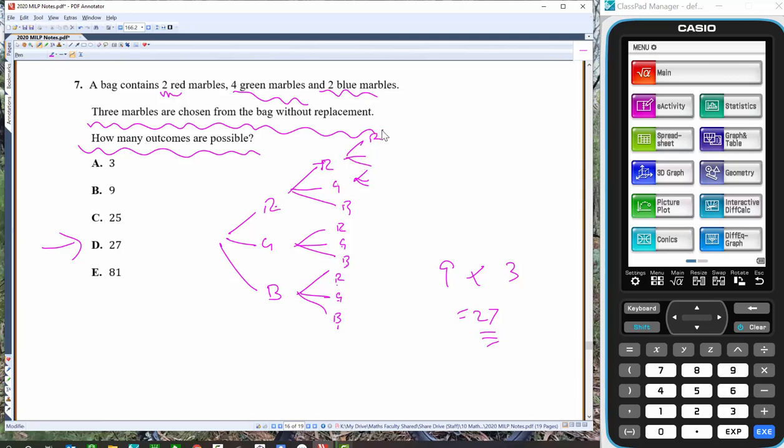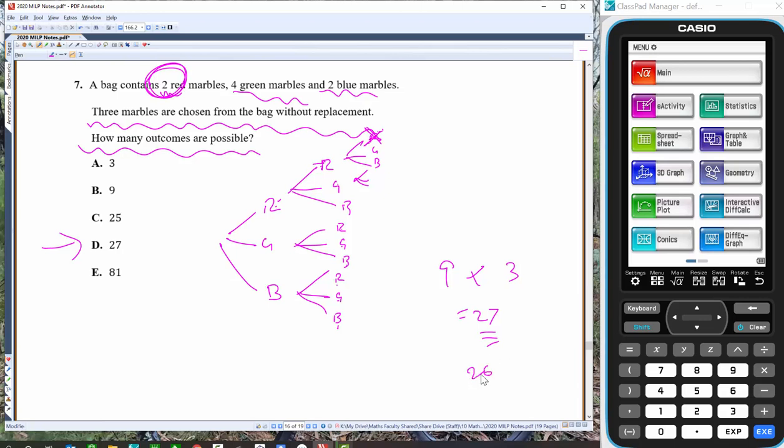That's not going to be possible, okay? I can get red, red, what's next, green and blue. So that one's a possibility. But this event here is not going to happen because I've picked a red one and I've picked a red one. I can't get a third red because only 2 red marbles are in the bag.